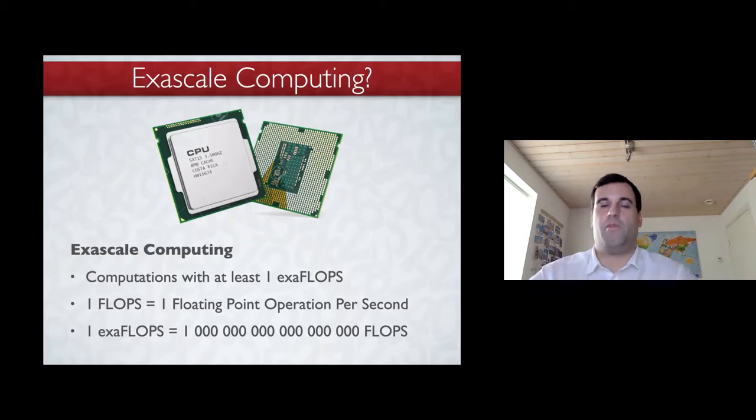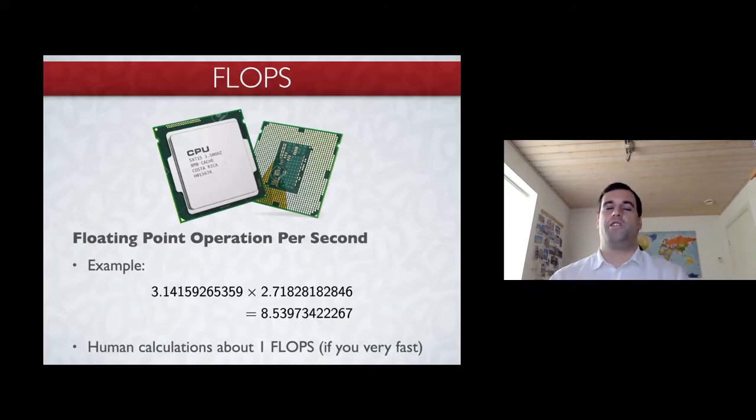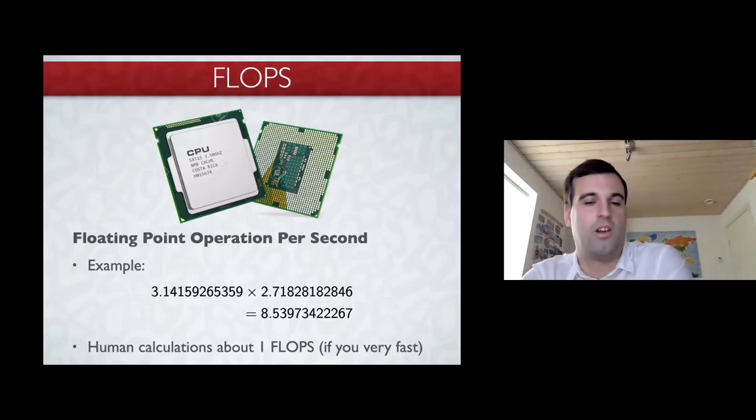But of course, we need to relate this in order to understand it a bit more. So what means a flop? If you take an example, like multiplying these two numbers, 3.14 times 2.71, this is one operation. It's a floating point operation because there's a decimal.